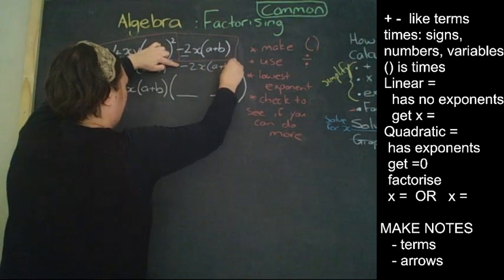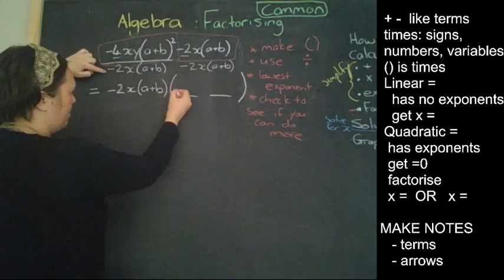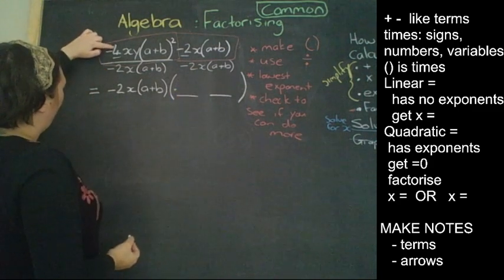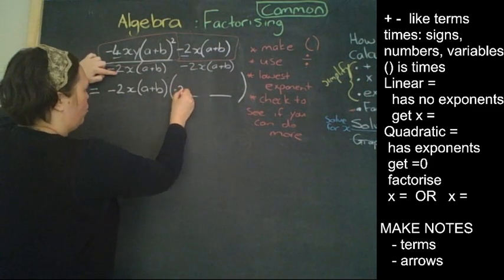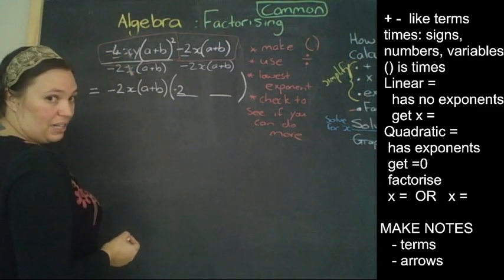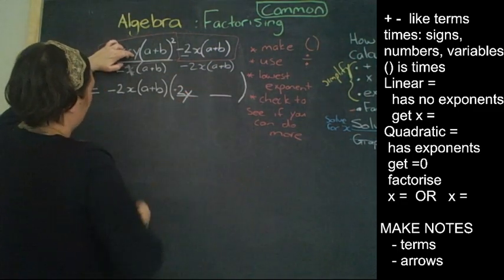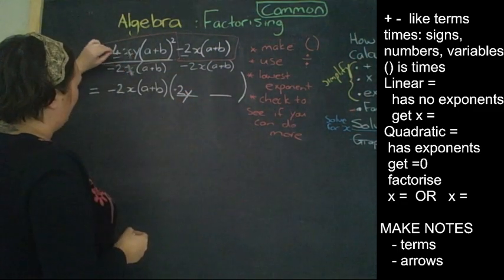Okay, so minus and minus is plus. 4 divided by 2 is 2. X divided by x is 1. They're the same, they cancel. And here we've got a y that doesn't change because there's no y here.